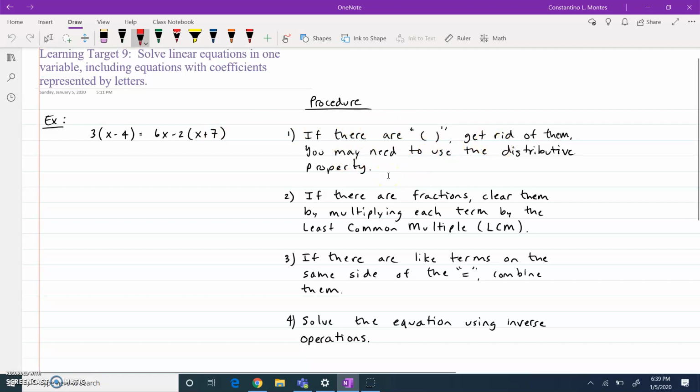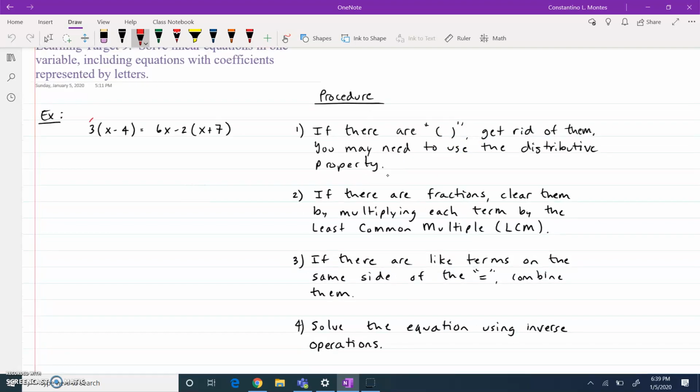And we totally have parentheses here, so I'm going to distribute the 3, and I signify that using those arrows, and I'm going to do the same thing with this negative 2 over here to each piece. So 3 times x is going to give me 3x. 3 times negative 4 is going to give me negative 12.